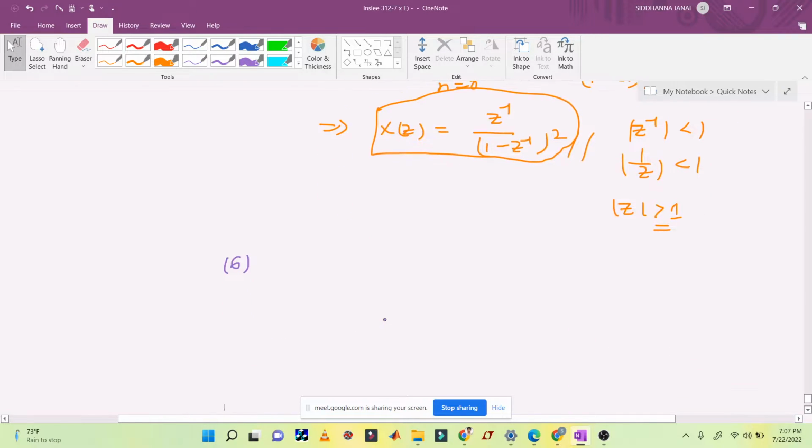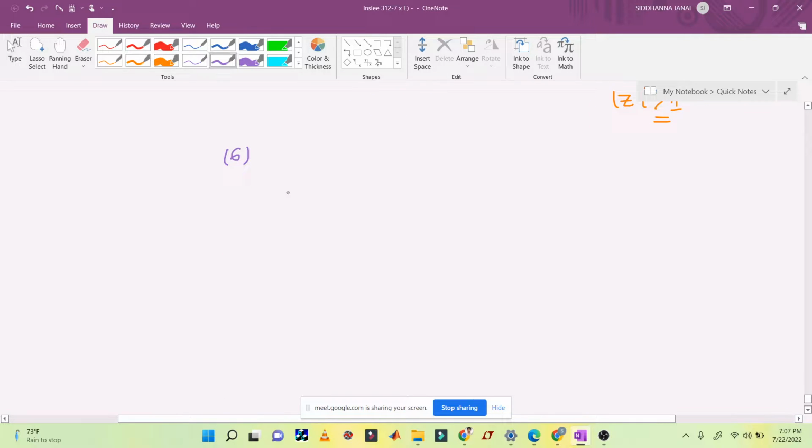So this is the sixth problem, and given x of n is equal to u of minus n minus 1. Okay, we need to find out x of z.